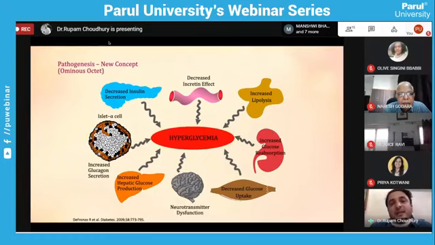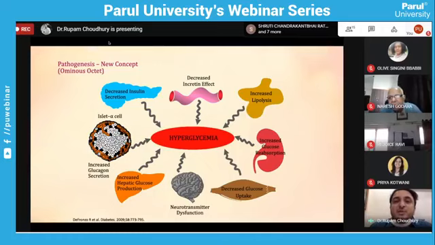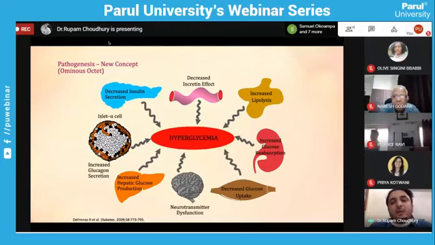Incretins are gut hormones like GLP-1 and GIP, which are secreted from the L and K cells of the intestine, which facilitate insulin secretion from the beta cell, and suppress glucagon. So when we have a decreased incretin effect, meaning less GLP-1 and GIP, the patient can land up in hyperglycemia.